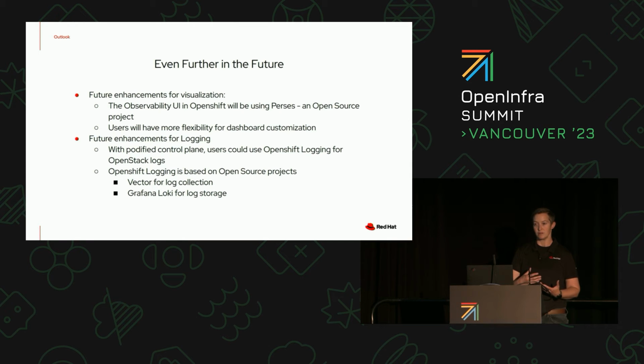With Vector, you can also forward logs off cluster. So all of your control plane logging, you could gather, collect, and forward to whatever log collection system you're using, Splunk, or you could use Grafana Loki. That gives you one place to view all of your logs. So it's a much more flexible and powerful way of using logging within OpenStack.